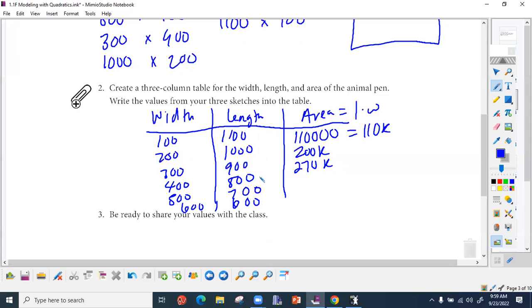Then we have 400 times 800, 320,000. 500 times 700 is 350,000. And last but not least, 600 times 600 is 360,000, right?